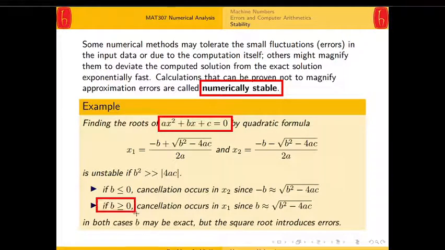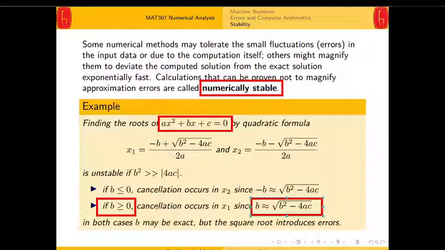In this particular case, if b is greater than 0, then the cancellation occurs in x1, because b will be very close to the square root of delta. Then negative b plus b will be 0, or approximately 0.